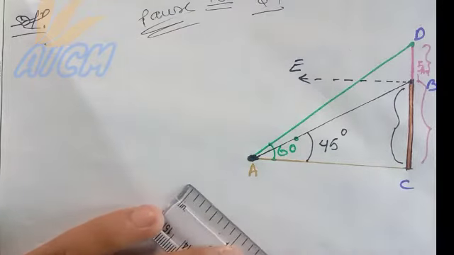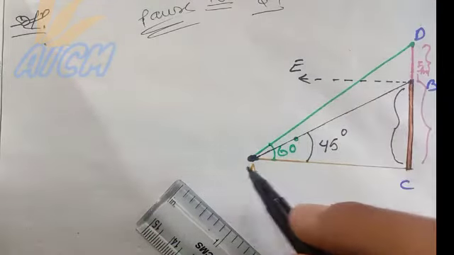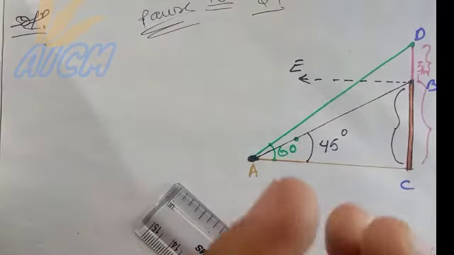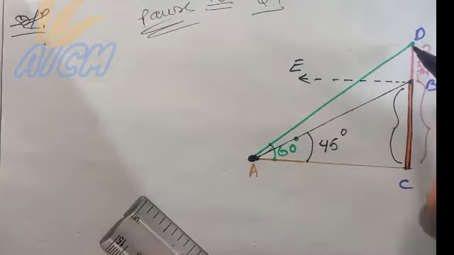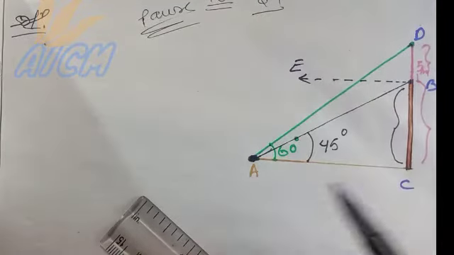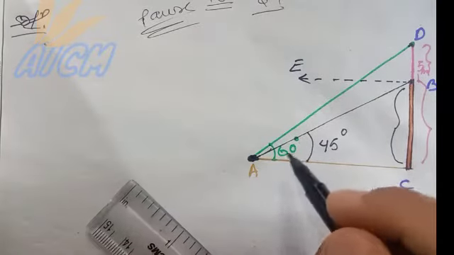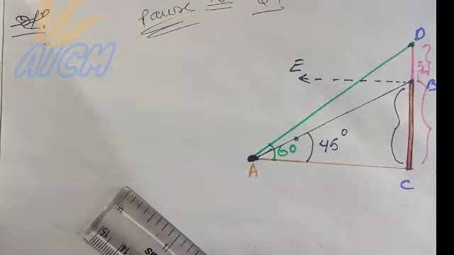Because when we are looking from the top of the tower, from this to this, it is 45 degree, and we are talking about angle of depression. Here, from A to the top of the pole, we are talking about angle of elevation. But from A to the top of the tower, we are talking about angle of depression.